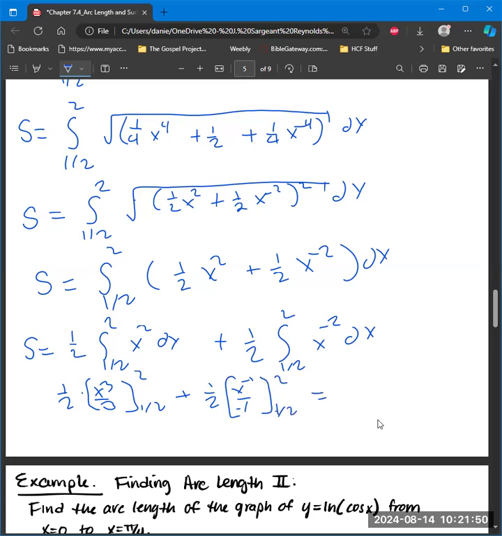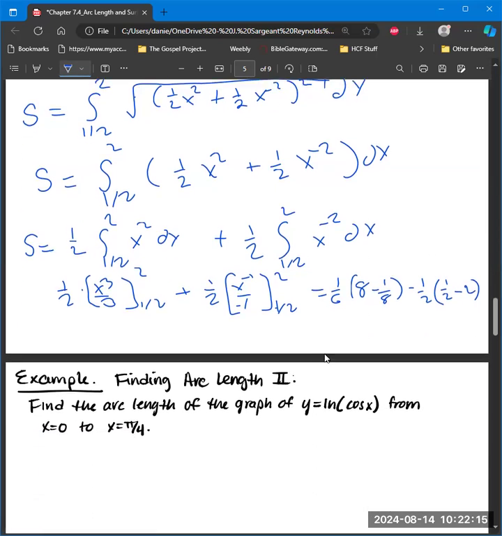That's going to give me 1/6 of 8 minus 1/8, and then minus 1/2 of the reciprocal of 2, which is 1/2, minus the reciprocal of 1/2, which is 2.